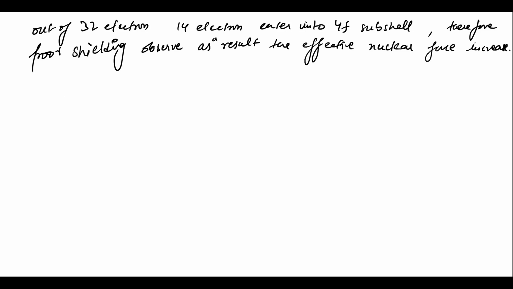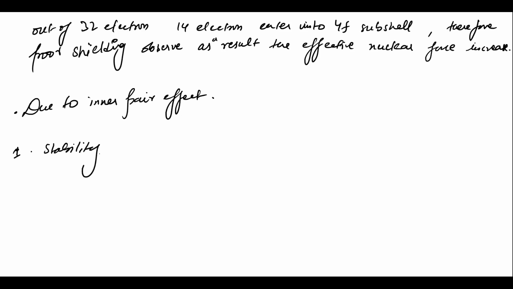Done? Yes, sir. So what are the things that are affected due to the inert pair effect? We are going to write here: due to the inner pair effect, first of all, the stability of the lowest oxidation state increases from top to bottom.